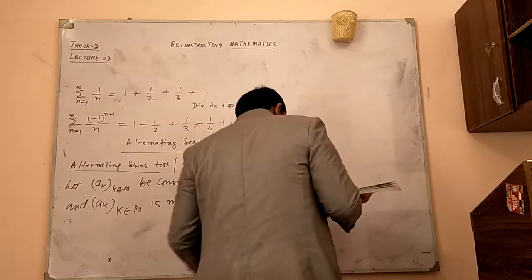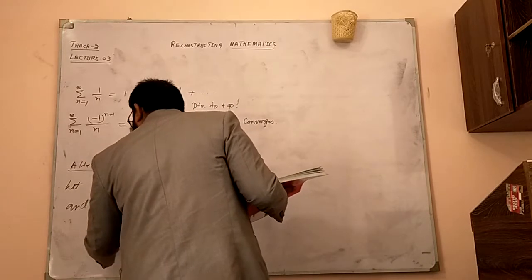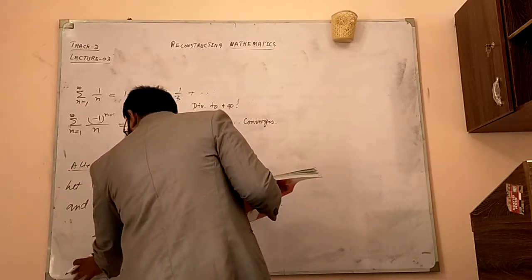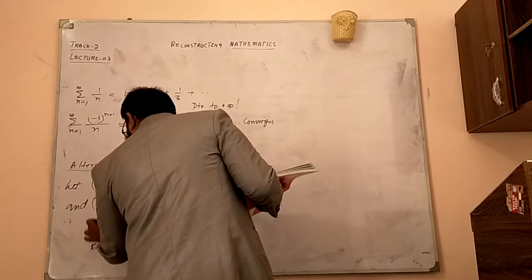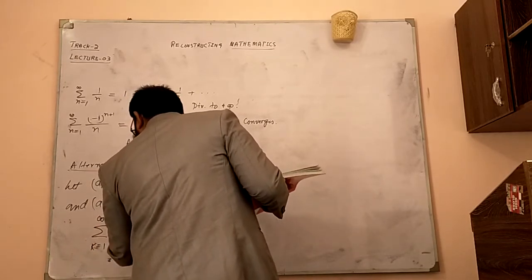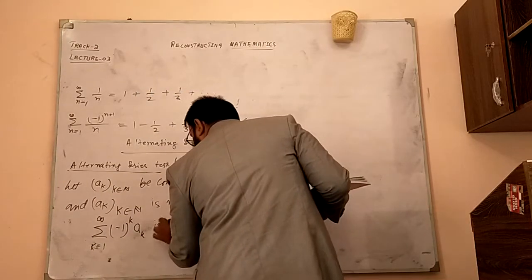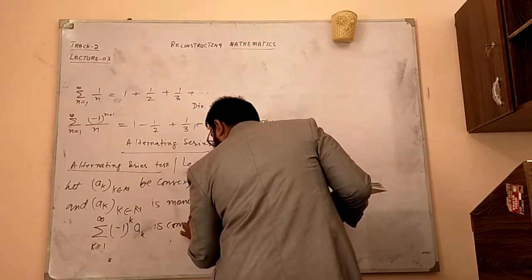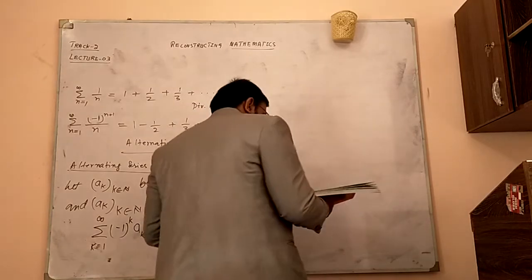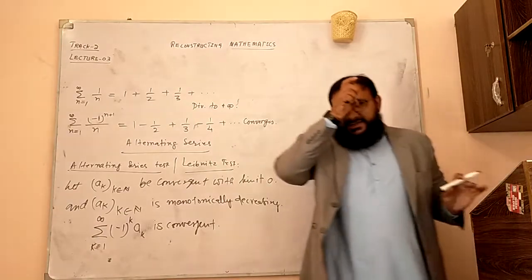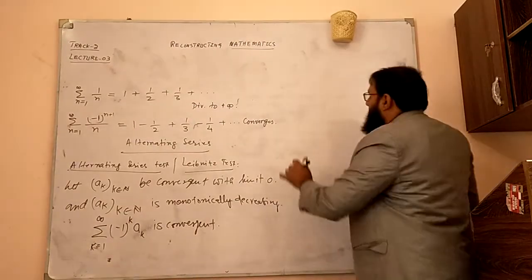Then if you take this particular series, k running from 1 to infinity, of minus 1 raised to k times a_k, it is convergent. So this is what we call the alternating series test or Leibniz test.